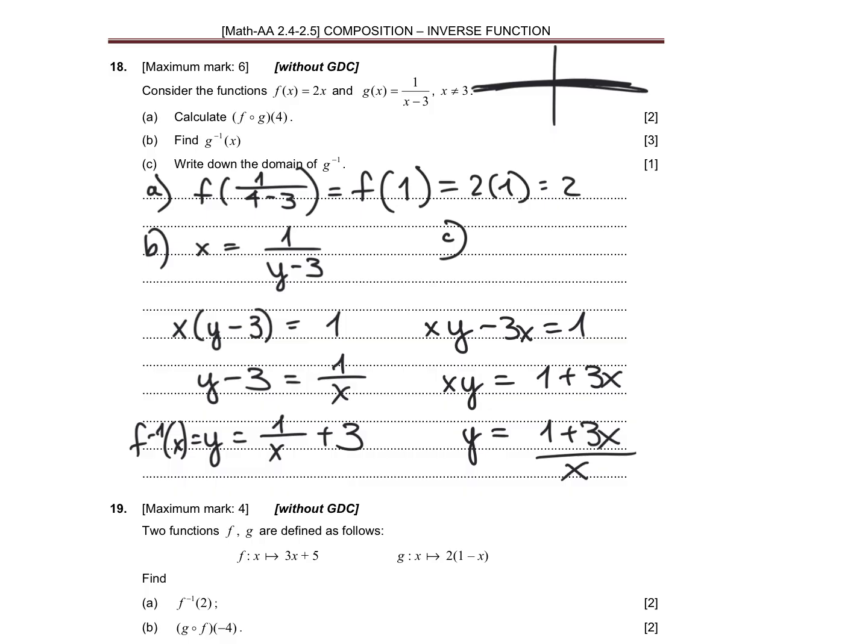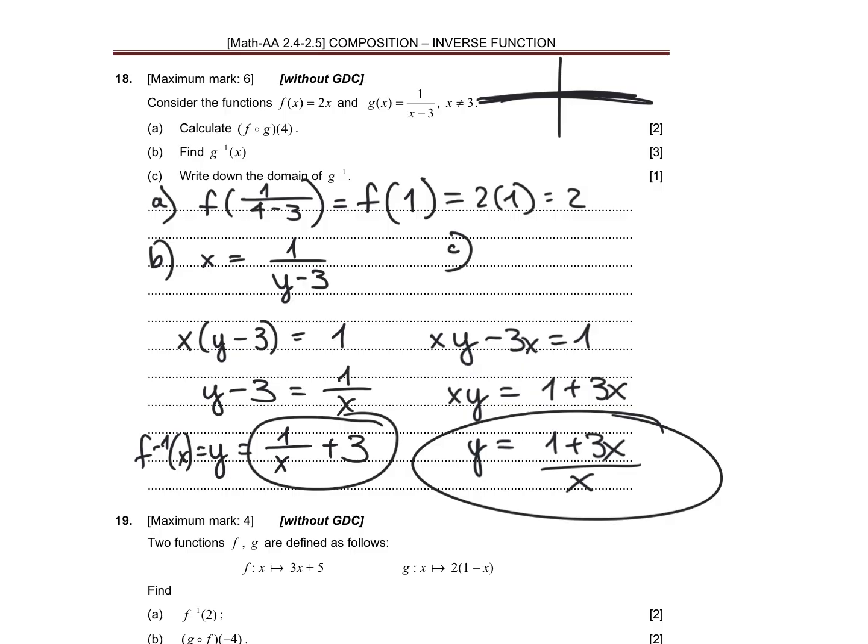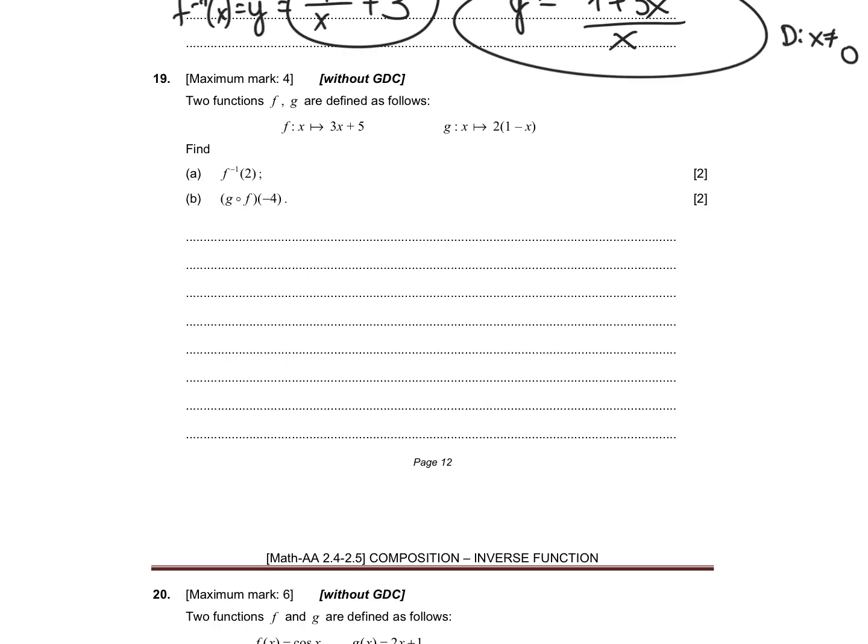You can do it from the original function, or you can do it from the inverse function. So clearly here, the domain of the inverse function is that x can't be 0, because you can't divide by 0. Okay, so if we have the inverse at 2, we're just doing 2 as the y.